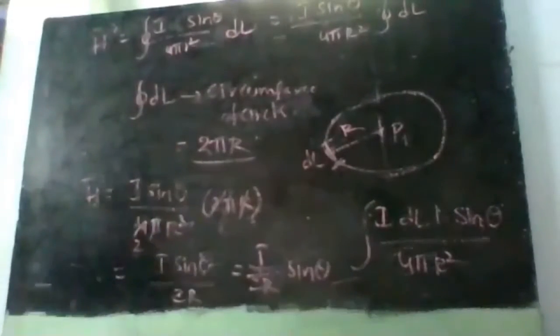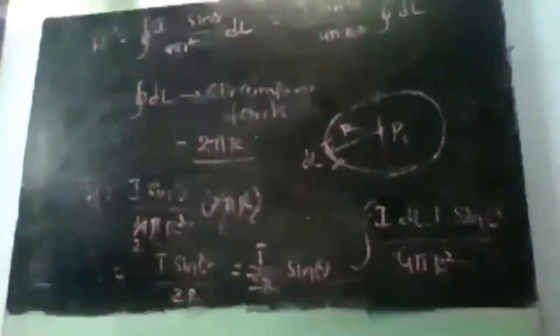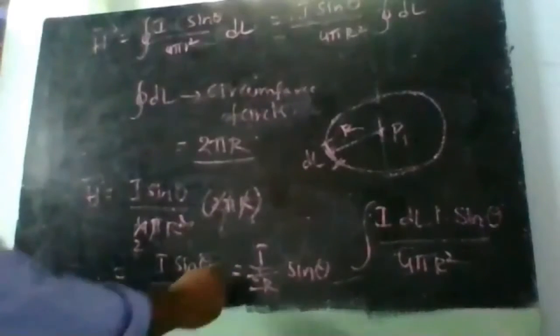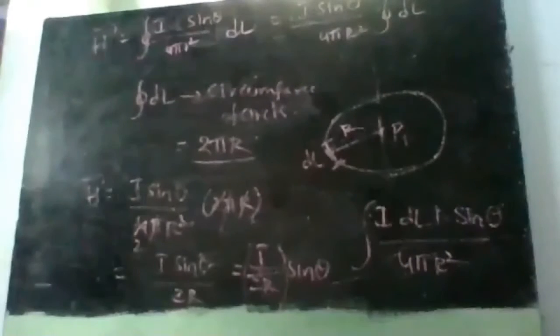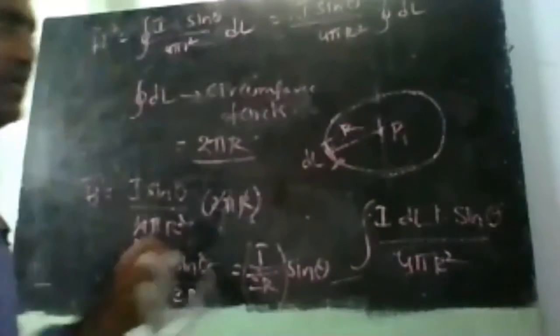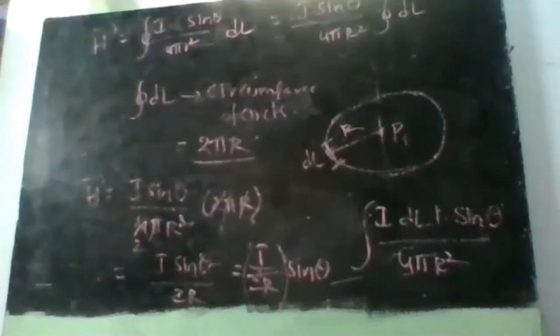So I substitute 2 pi r, and what I get is I sin theta by 2r, or I by 2r into sin theta. This is the expression for the h bar at the center of the ring.